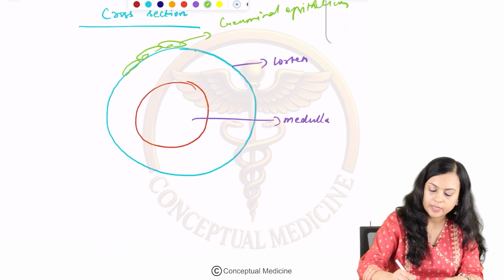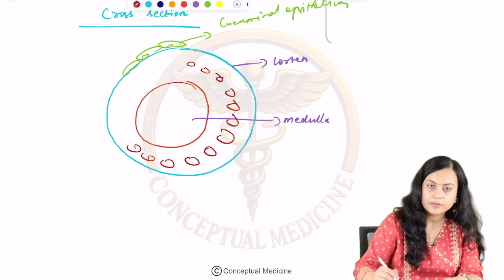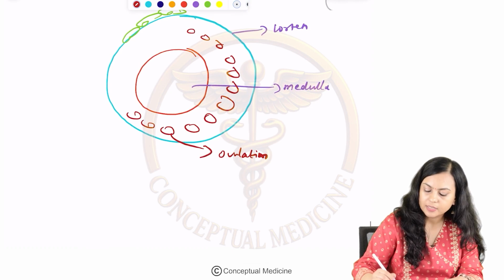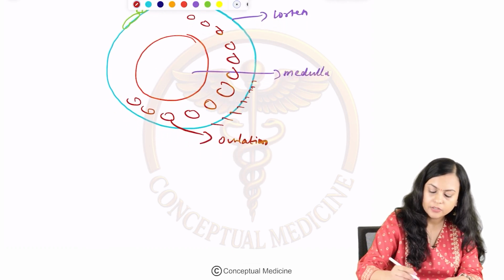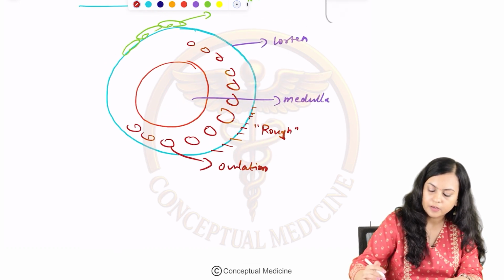And in the cortex, there are follicles which grow and become a mature follicle. So ovulation happens basically from the cortex. Due to repeated ovulation, the outer surface of the ovary will look rough.